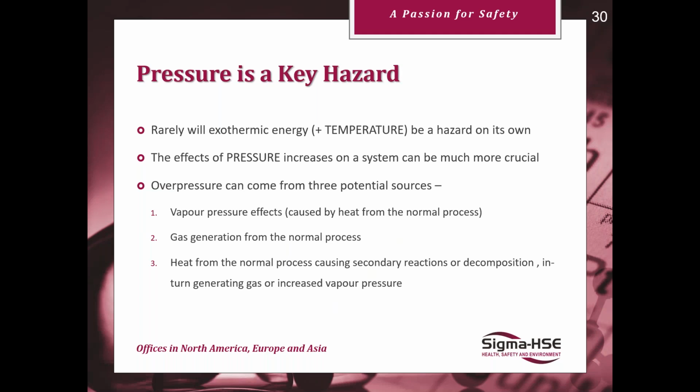It's important to note that we can utilize this pressure temperature relationship to try and control the temperature of a reaction through something called tempering. And a system can be designed whereby any build-up in vapor pressure outside of normal operating conditions can be vented from the reactor to remove the heat from the system and prevent us from accessing temperatures that can cause these secondary reactions and decompositions.